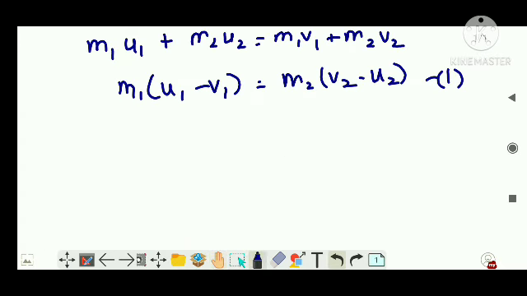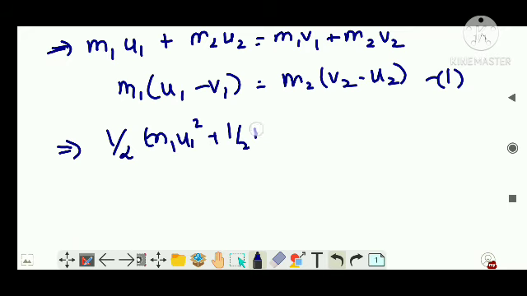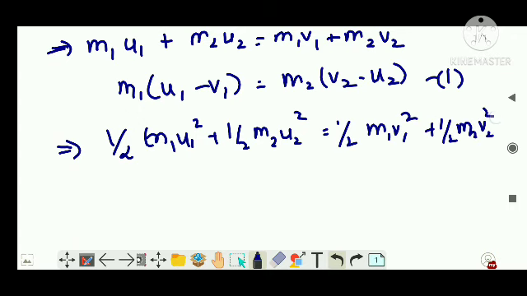Now similarly, you can write kinetic energy initial is equal to kinetic energy final, right? Half m1 u1 squared plus half m2 u2 squared is equal to half m1 v1 squared plus half m2 v2 squared, right?